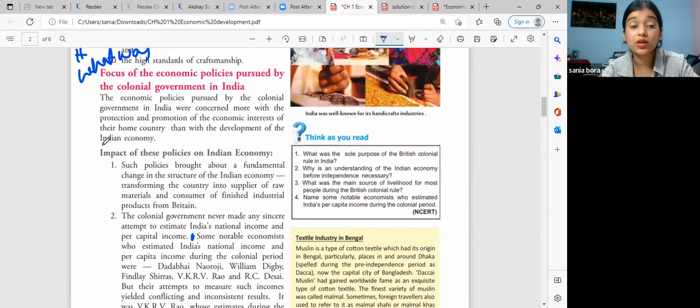Okay, repeating again. What were the impacts of economic policies pursued by colonial government on Indian economy? Clear?